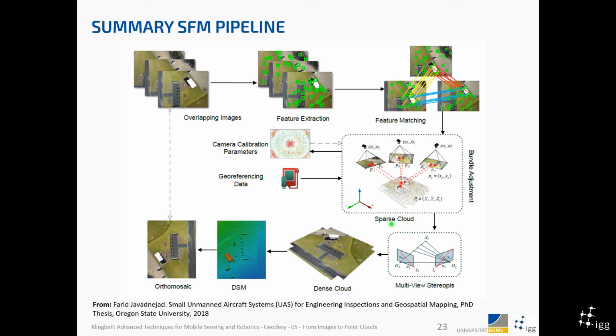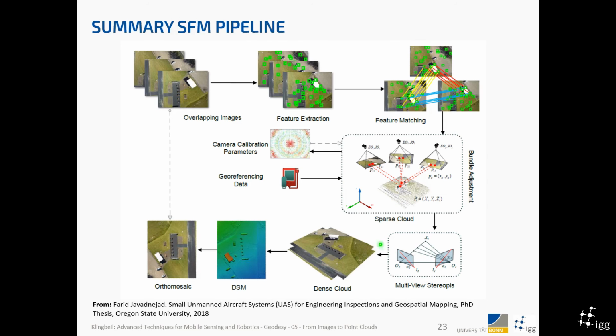The next step is that this sparse cloud is then used to generate a dense cloud using multi-view stereo. This was explained only quickly, but the idea is to find many correspondences between different images, which are much denser than those here, and which match actual areas in one image to areas in the other image.